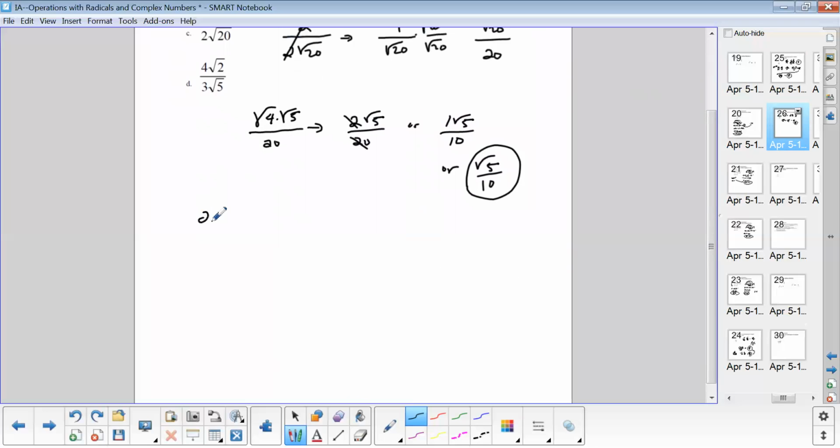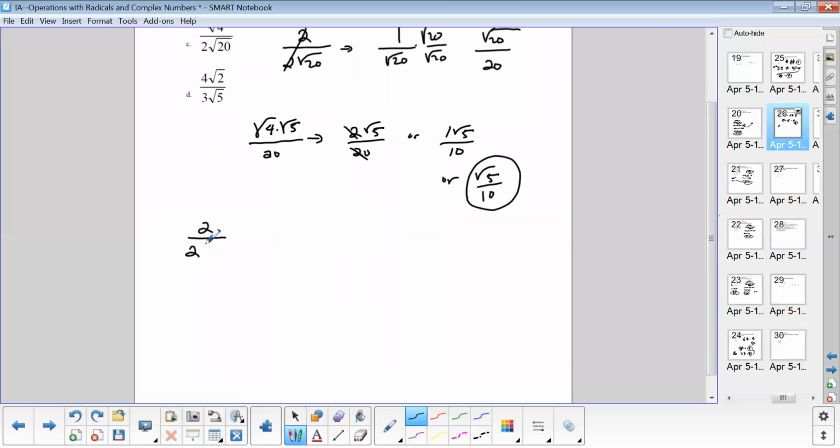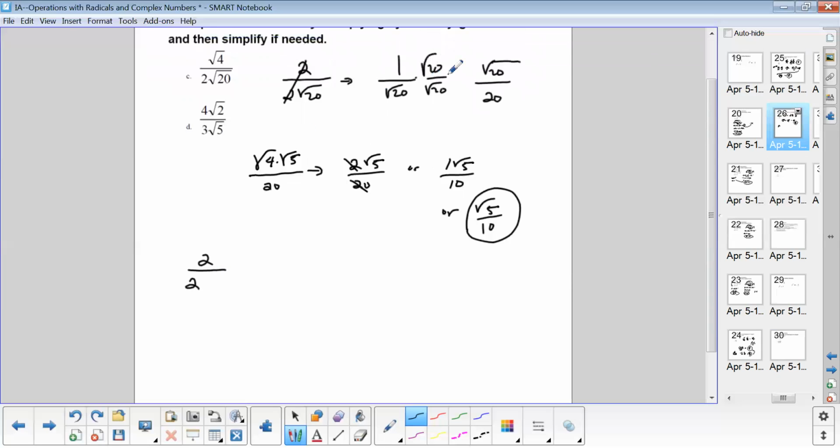So square root of 4 we said was 2 divided by 2. Now what we did on the top example here is we actually rationalized it. So if I come back here and look at what if I don't rationalize it and I just leave it as the square root of 4, well, 20 is actually 2 times the square root of 4 times the square root of 5.